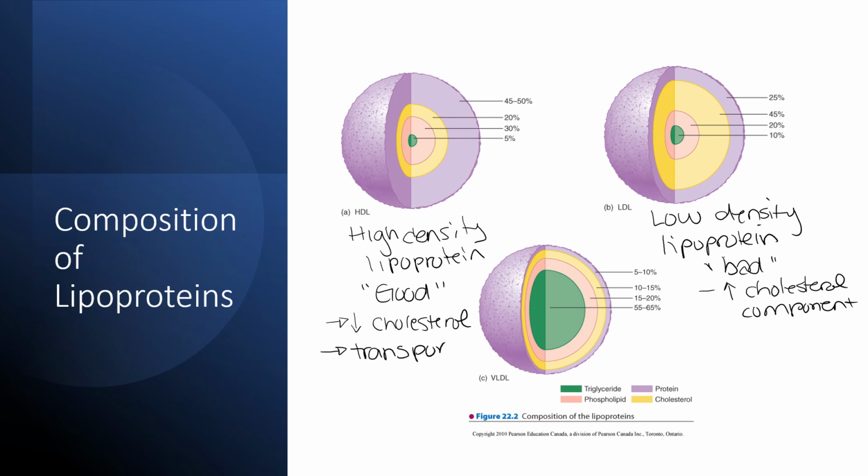So if you have an excess, it will transport cholesterol from the tissues to the liver for metabolism. So it really transports any excess cholesterol that you have from your tissues and your organs, so they don't stay there, to the liver where it's going to be metabolized, broken down, and excreted.